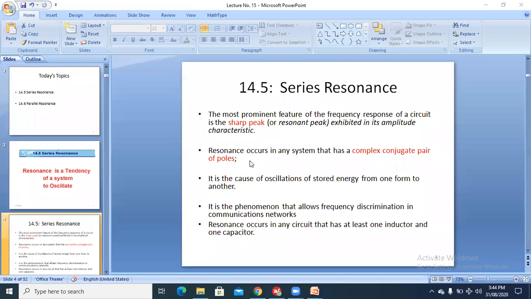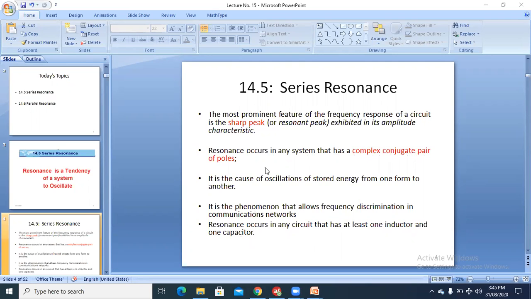Before we have seen the real and distinct poles, but we haven't seen the complex conjugate pair of poles. So the RLC circuits have the complex conjugate pair of poles, and it is necessary that the circuit have one inductor and one capacitor.